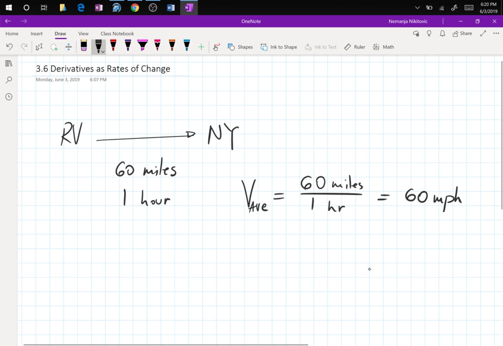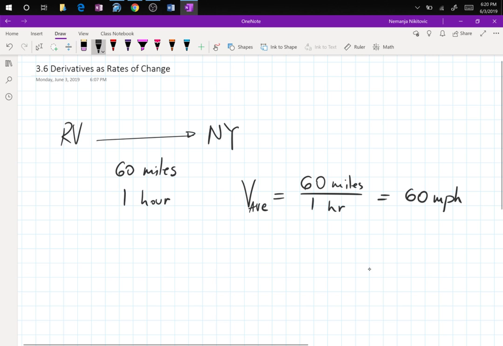No. You are going to go above, and when you hit the traffic or changing lanes and stuff, you're going to go below. So there is variation in your speed, and when all of those average out, they will average into 60 because it took you 1 hour to cover 60 miles.